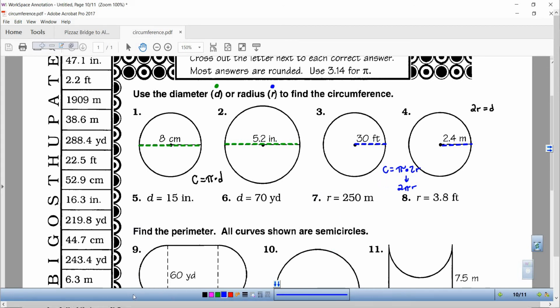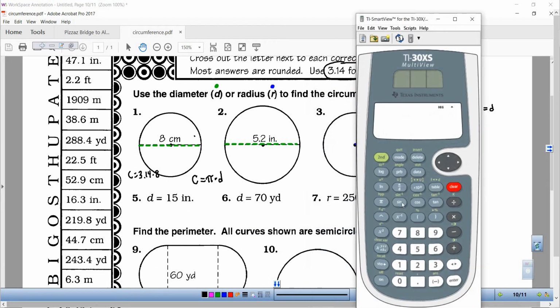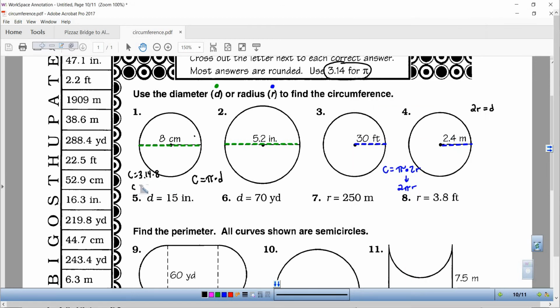So I'm going to take my calculator here. For this first one, the circumference is going to be, by the way, this is important, we're going to use 3.14 for pi. So I'm going to do 3.14 times 8, and absolutely you want to use a calculator for this. 3.14 times 8, and I get 25.12.